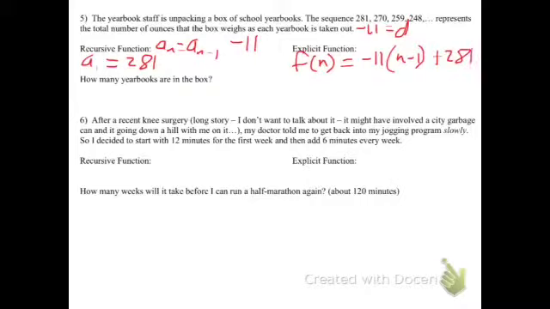Okay, and then it's asking how many yearbooks are in the box. Well, you can take the total weight of the box to start with, 281, and divide by how much each one is weighing, which is 11. And then you're going to get a little fraction here. And the reason you're getting a fraction is because the box itself actually weighs something. And so you're going to have a little fraction that's like 25.5454 repeating.